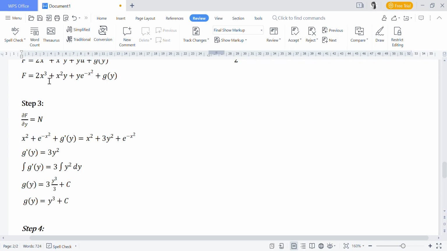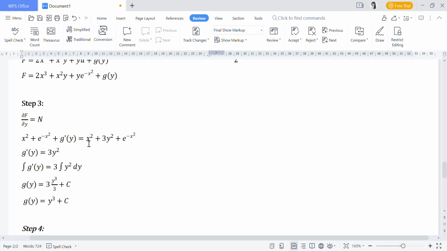The derivative of 2x cubed in terms of y is simply 0. Now x squared y, the derivative of this is simply x squared. Then the derivative of y e raised to negative x squared is simply e raised to negative x squared. And the derivative of g of y is g prime of y.